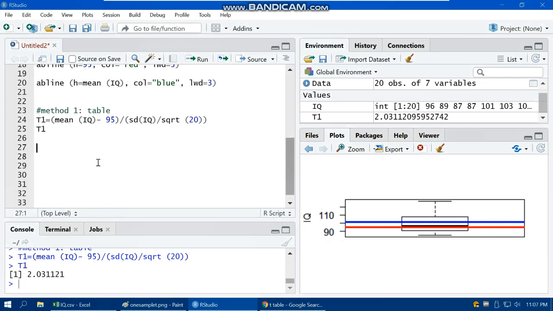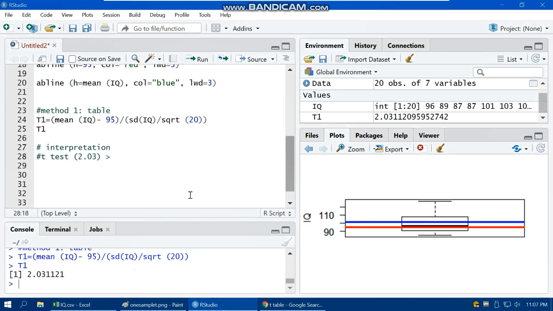Okay, so the interpretation will be: our test statistic, or t-test, which was 2.03, is greater than the critical value. How could I find the critical value? Using the t-table, and it depends on the degree of freedom and confidence level, right?